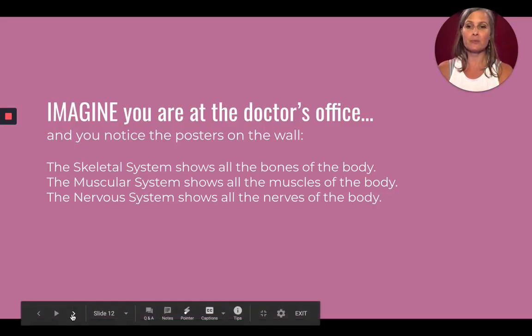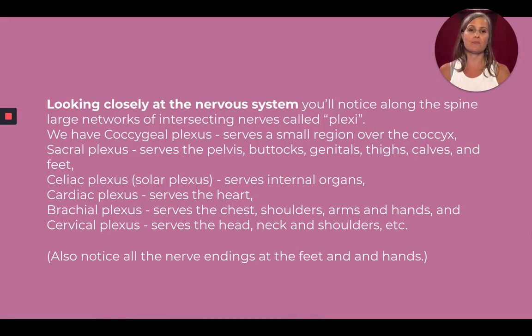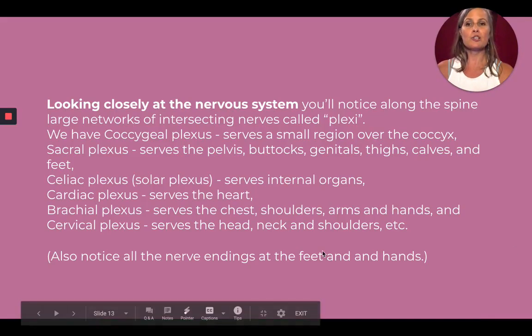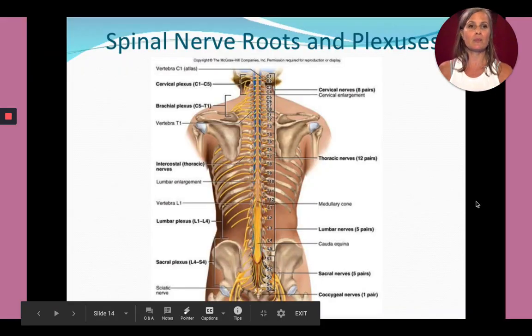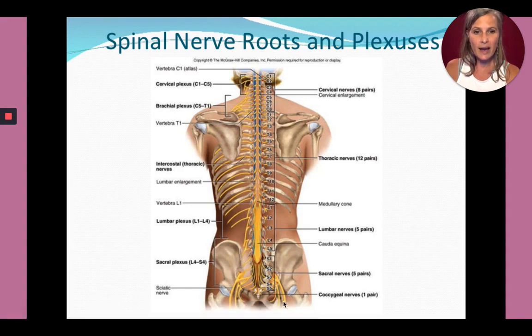So, looking closely at the nervous system, you'll notice along the spine large networks of intersecting nerves called plexi. Let's look. Here we have a plexus, these nerves kind of bundled together.